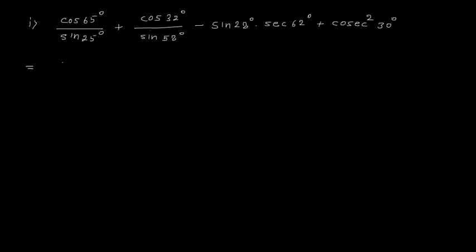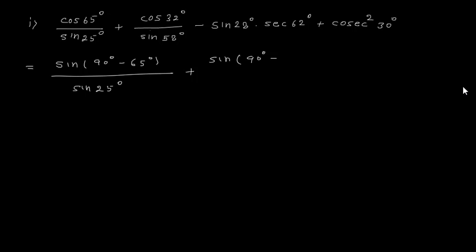So here I will write this as sine 90 degree minus 65 degree whole divided by sine 25 degree plus this cos I will convert in sine, so it will become sine 90 degree minus 32 degree divided by sine 58 degree minus sine 28 degree.